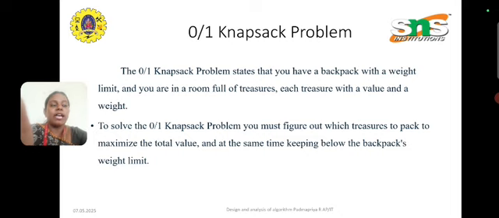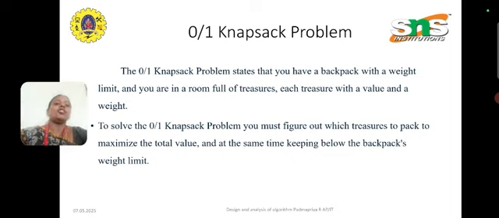Into that bag we have to add some objects, each with some value, based on the knapsack's capacity. Once the weight limit is reached, we can't add any more objects to that bag. This is the knapsack problem.